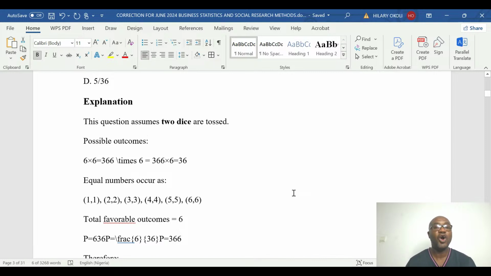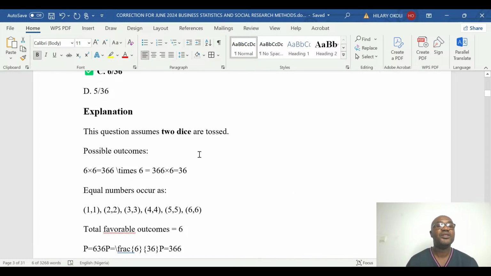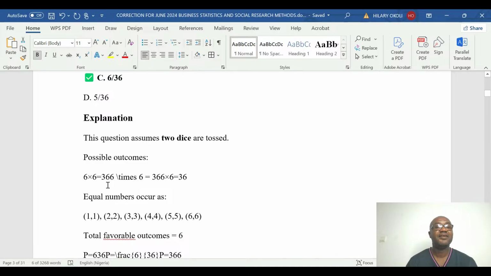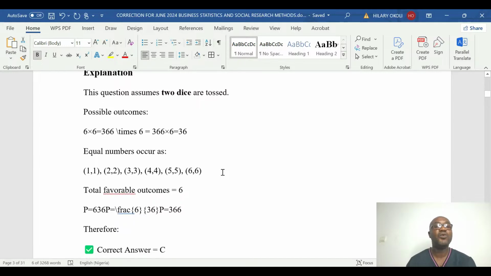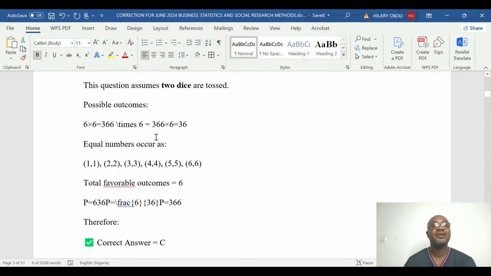The possible outcome is 6 times 6, which gives you this number times 6, and equals this times 6 for 2 dice. So that's the way you multiply it. Equal numbers occur as 1,1, there's 2,2, there's 3,3. These are how it is.